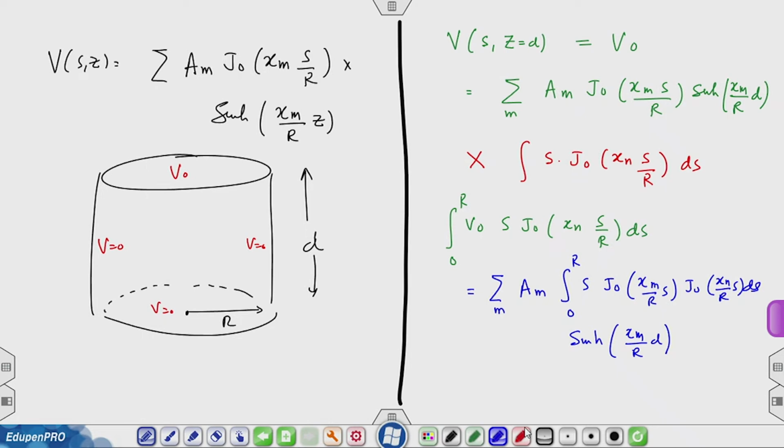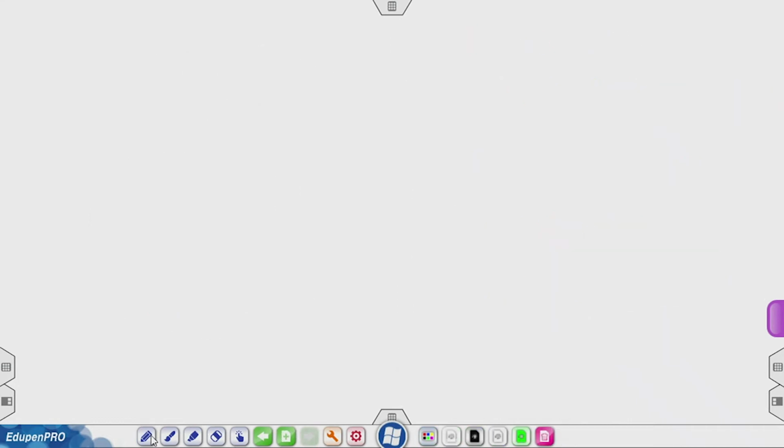Now, I am going to use the orthogonality relationship for this integral and get my values of A m. So, let us write this on the next slide.